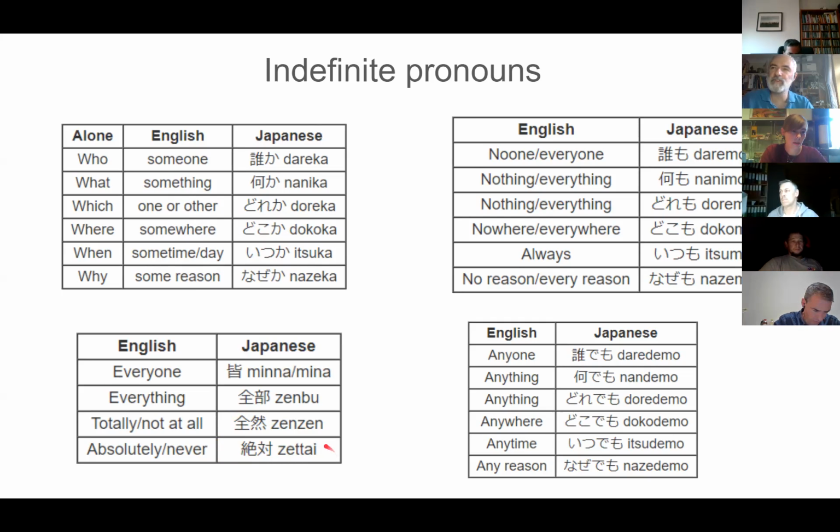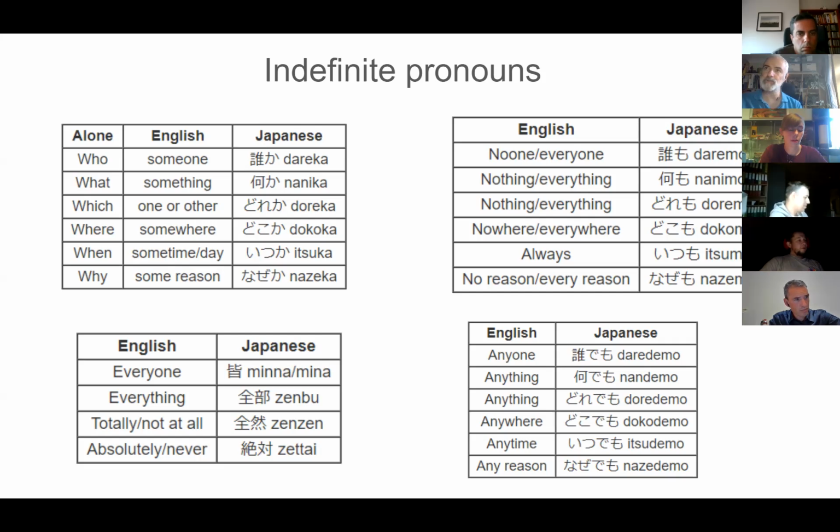Zettai refers more to opportunity and times rather than material objects. So are you going to go? Yeah, zettai ikimasen. I absolutely am not going to go. You don't really use this when you're talking about having something or doing something with something. It normally talks about the choice of doing something or not.